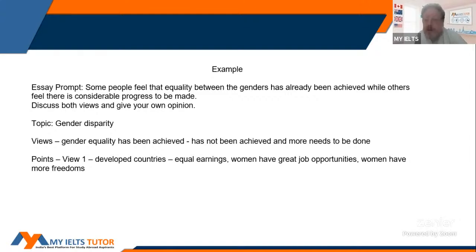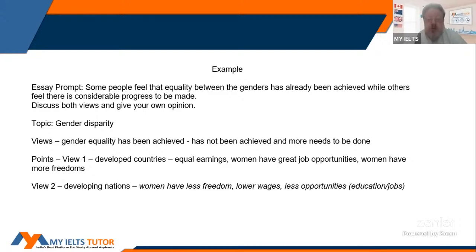These are the points that I'm going to talk about in the conclusion, so you have an idea. So view one: we have developed countries with equal earnings, women have great job opportunities, women have more freedoms. Then view two, developing nations: women have less freedom, lower wages, less opportunity, such as education and jobs.